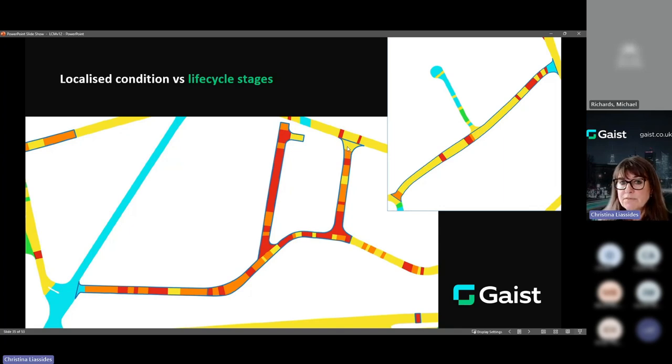And depending on what your treatment is, you could find that you turn all of that part of the highway absolutely to very good again. So it all becomes blue, even though you might not have mended those individual bits left in their own individual localized condition.